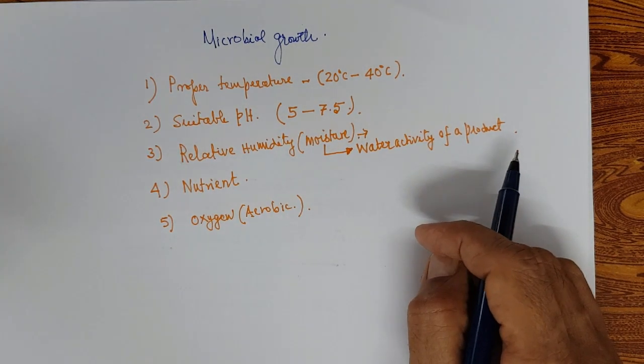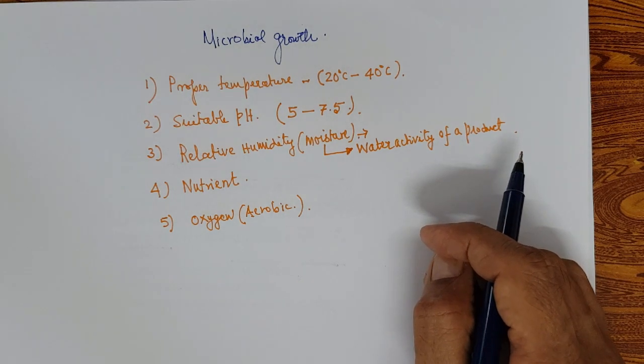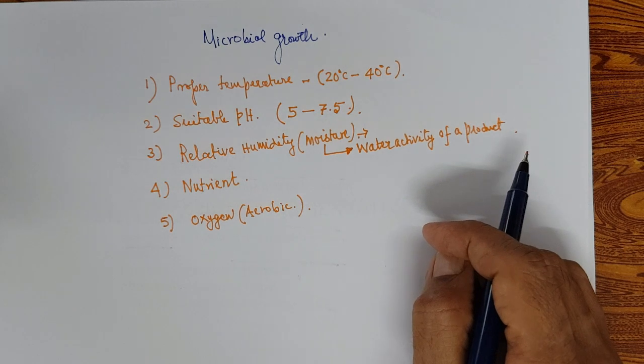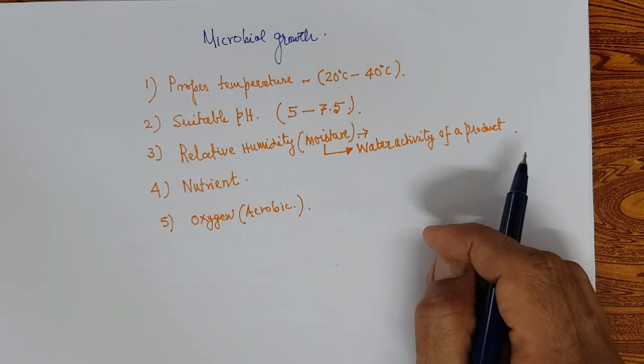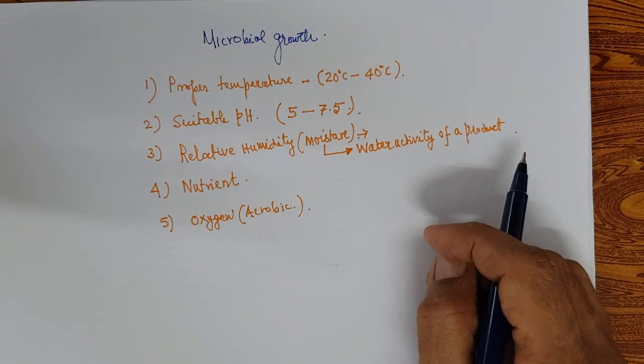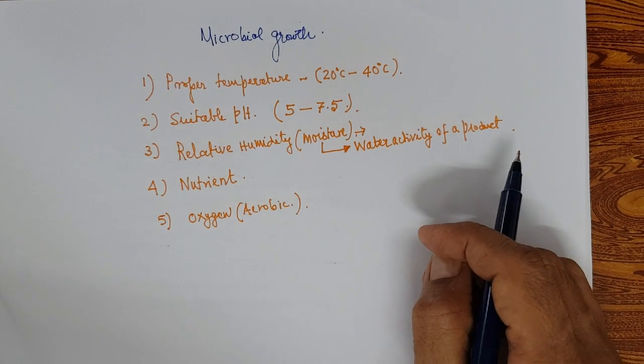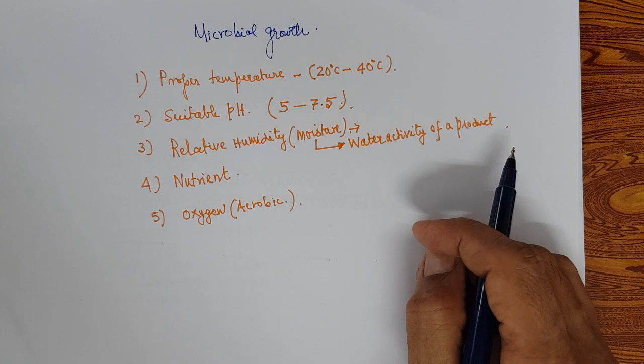The water content of the product might be high, but the water will be in the bound state, so the water activity is very low. So even though the water is high, if you keep the water activity in a product low, you can control the microbial contamination. There are equipments by which you can measure the water activity, the bound moisture, based on the partial vapor pressure of water vapor above the product. It measures that and gives you the water activity.